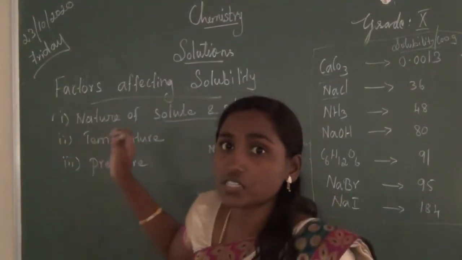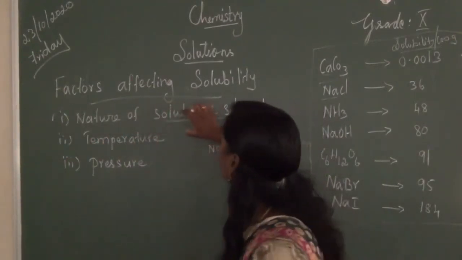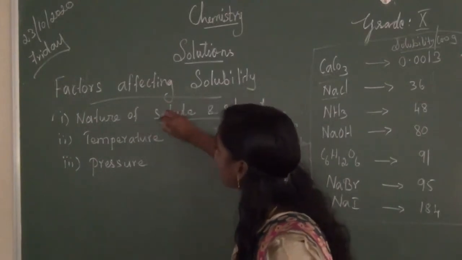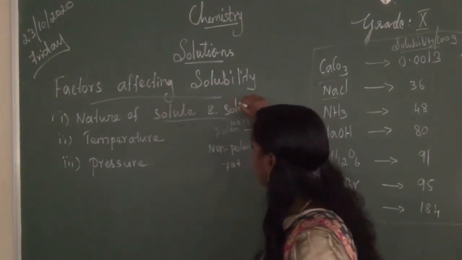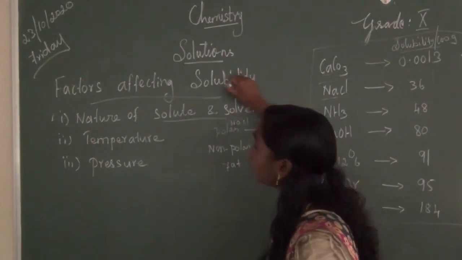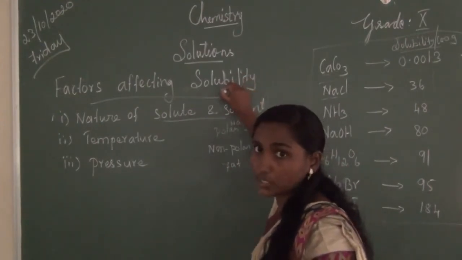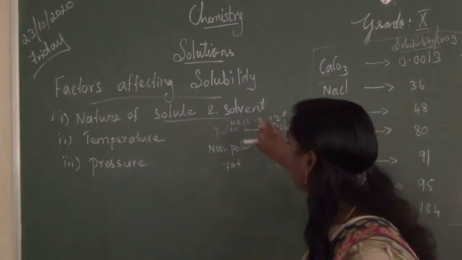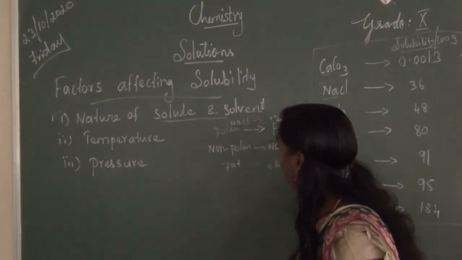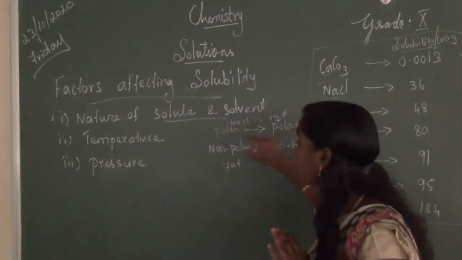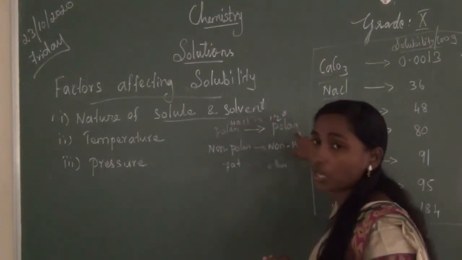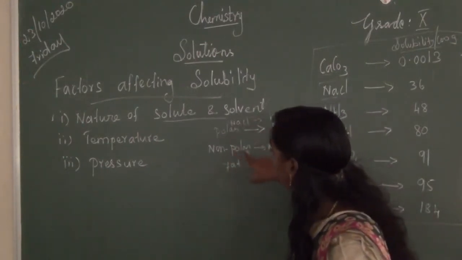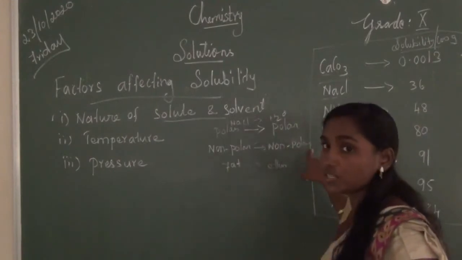Have you understood the first paragraph? Nature of solute and solvent. First point, solute and solvent play an important role in solubility. Water does not dissolve everything. Polar compounds can dissolve in polar solvent, and non-polar compounds can dissolve in non-polar solvent.